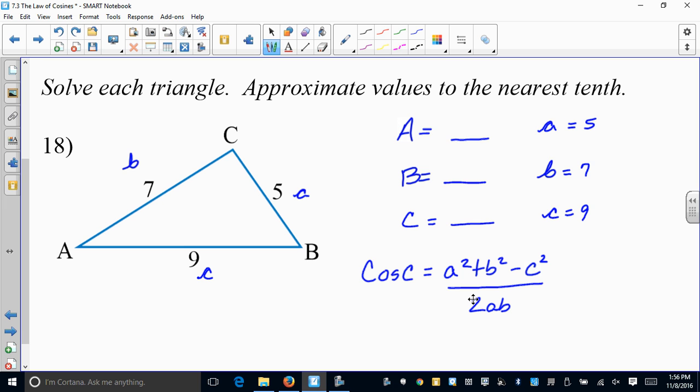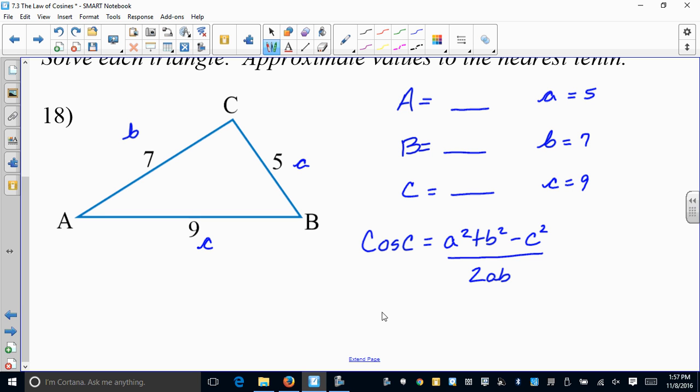Now, what I did is I took that earlier formula that was C squared equals, and I moved everything around so that I can work with it. And really what I did is I took the cosine C portion and we'll do this in class instead of trying to explain this to you. Okay, so I plug everything in. So cosine of C equals A squared, which is 5 squared, plus 7 squared, minus 9 squared, over 2 times 5 times 7.